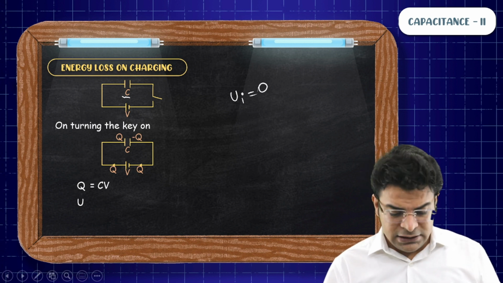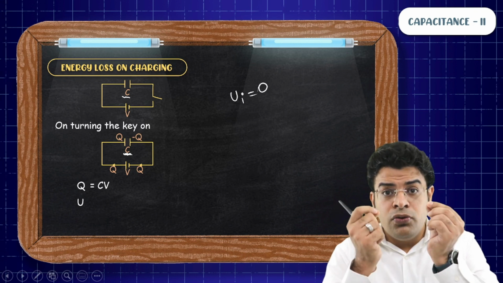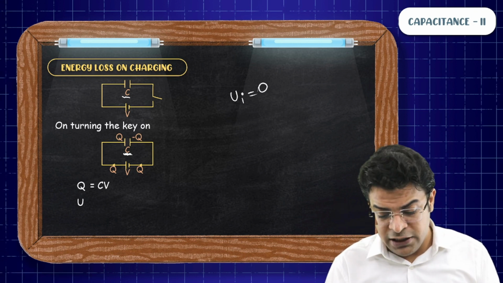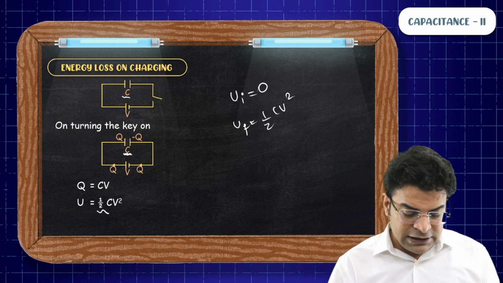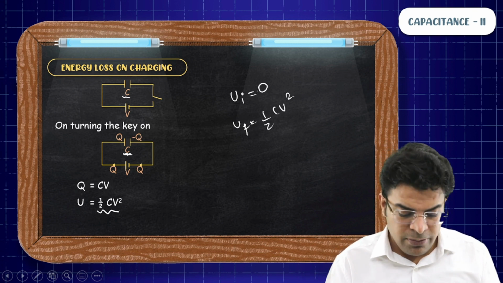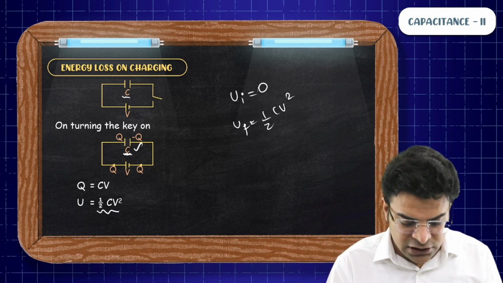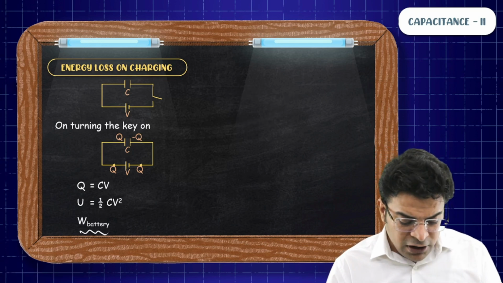And we know that finally we have a capacitor of capacitance C across whose plates we have a potential drop V, so the final energy stored will be half CV square. So the change in energy of the capacitor will be final half CV square minus initial 0, that is half CV square. Now what will be the work done by the battery?